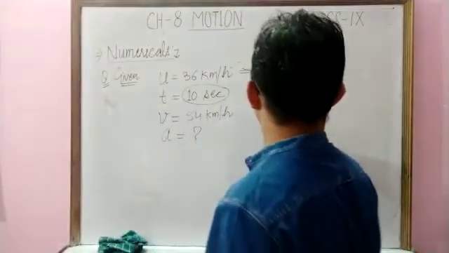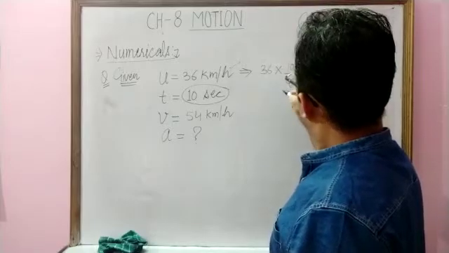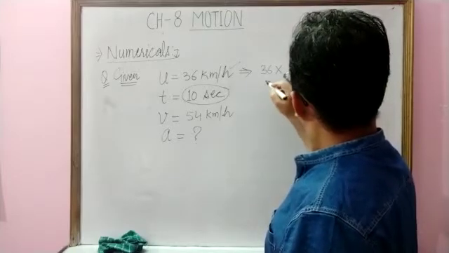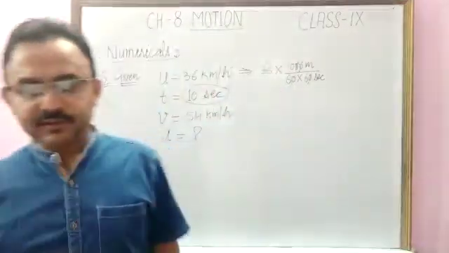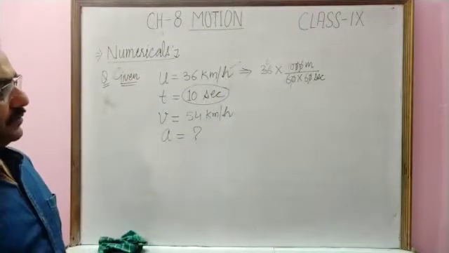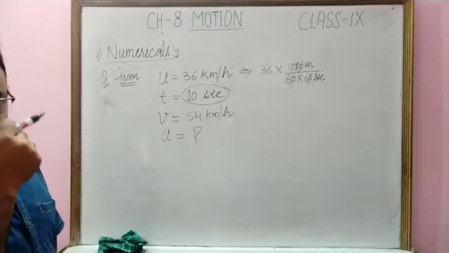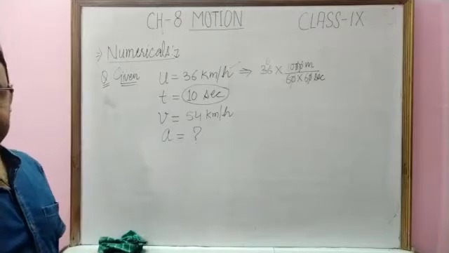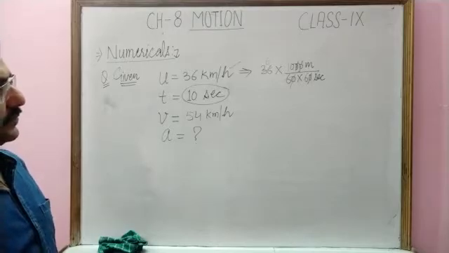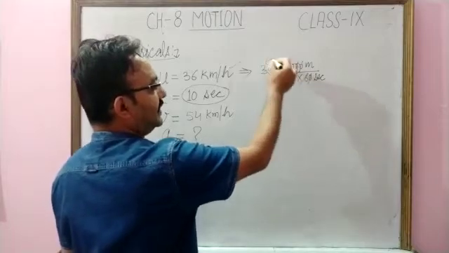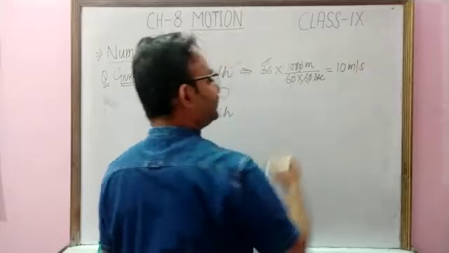Now, six sixes are 36. Is it clear? What will you get? 6 divided by 6, 10 meter per second.